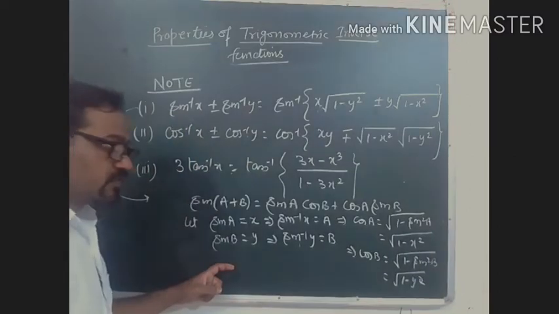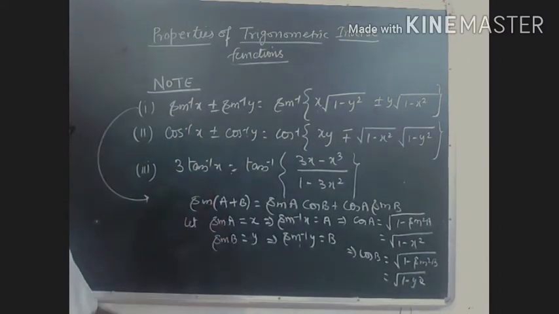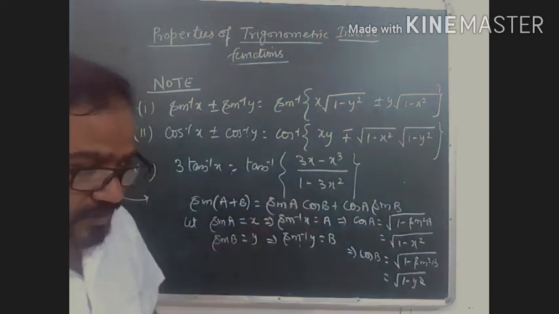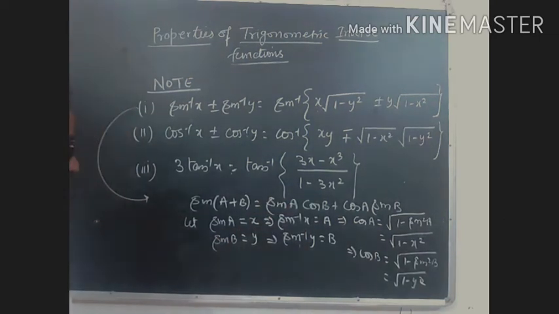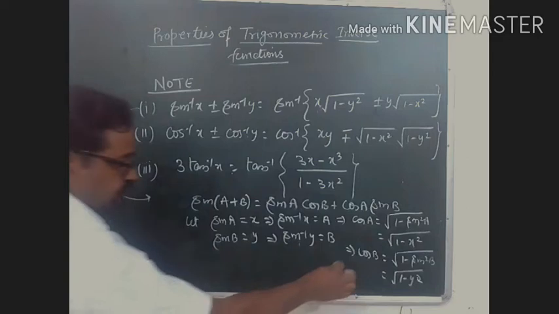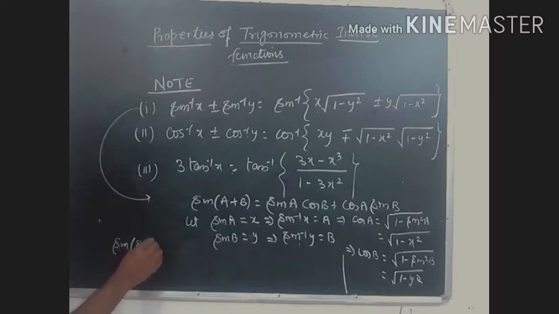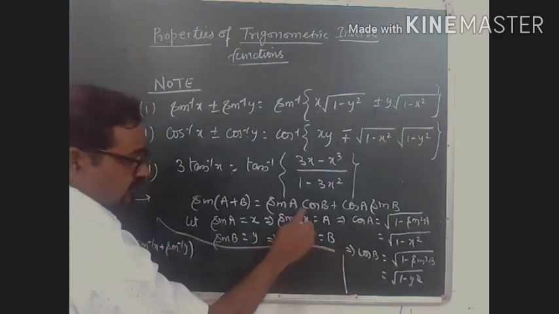Therefore, put these values in the identity sin(a plus b) equals sin a cos b plus cos a sin b. So for the first part, we will prove: sin(a plus b), that is sin a means sin inverse x, plus b means sin inverse y, equals sin a cos b.